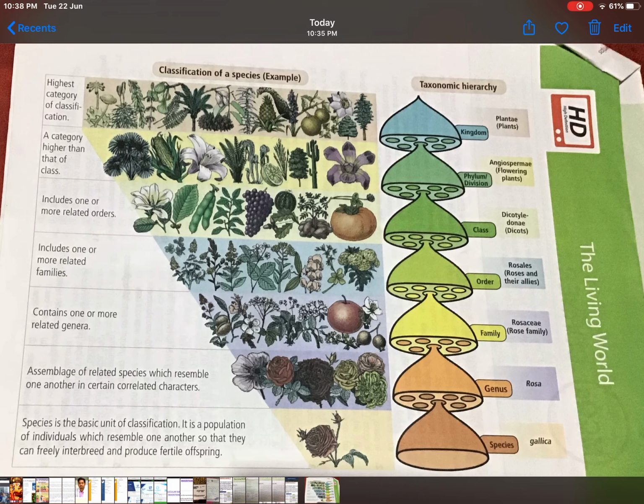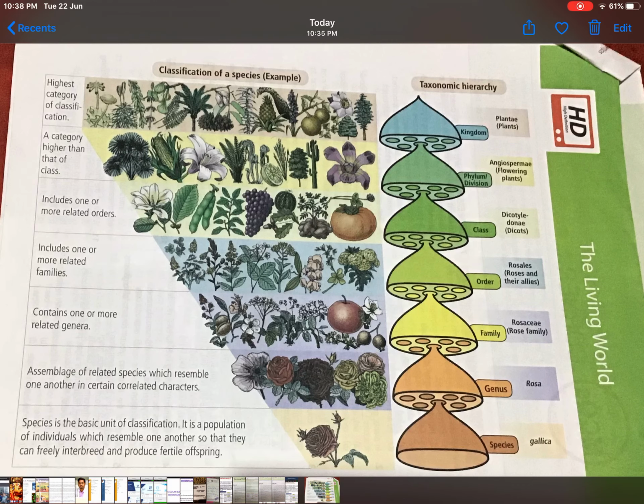We also talked about binomial nomenclature, a system of classification developed by Carl Linnaeus, a Swedish naturalist. According to this binomial nomenclature, each organism will have a name with two parts.